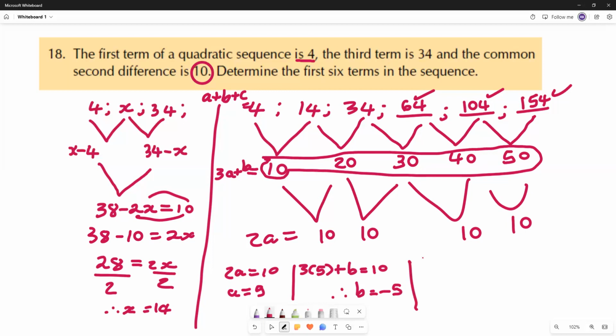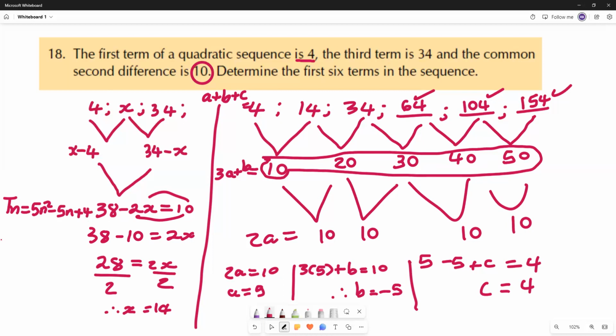And then I'm going to have 5, which is my a, minus 5, which is my b, plus c equals 4. Then this cancels. The c is 4. And therefore you can see that the Tn formula is going to be Tn equals 5n squared minus 5n, plus 4.